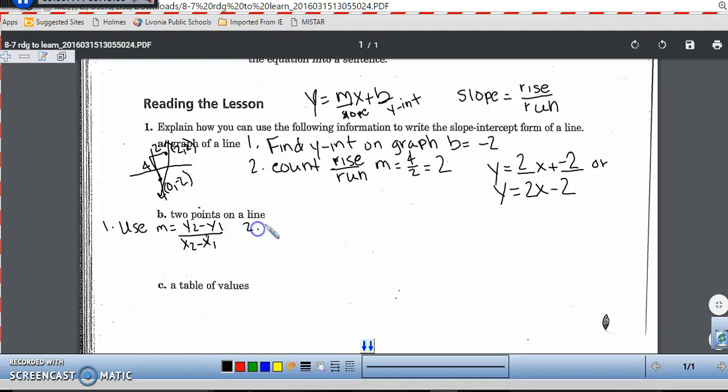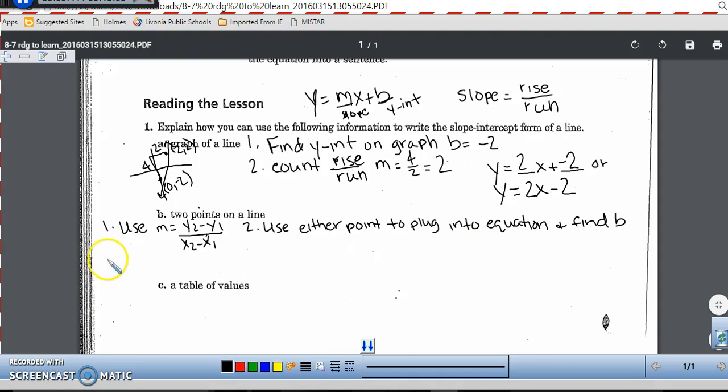Step 2, we're going to use either point, won't matter which one, to plug in to the equation and find b. Okay?